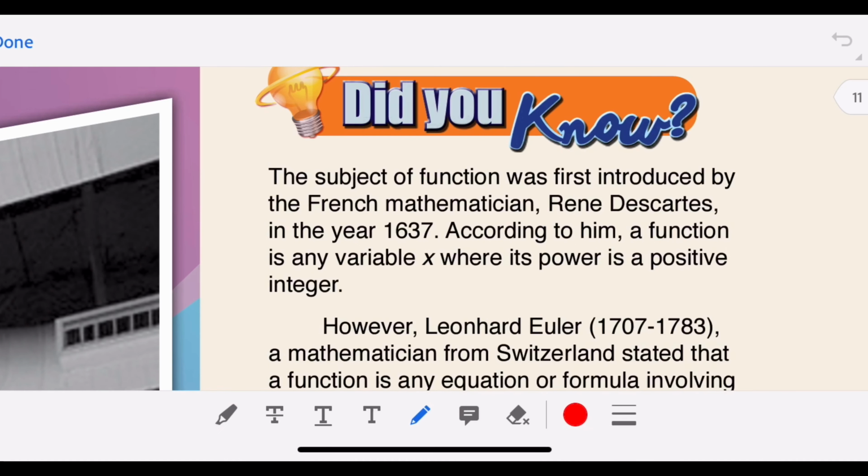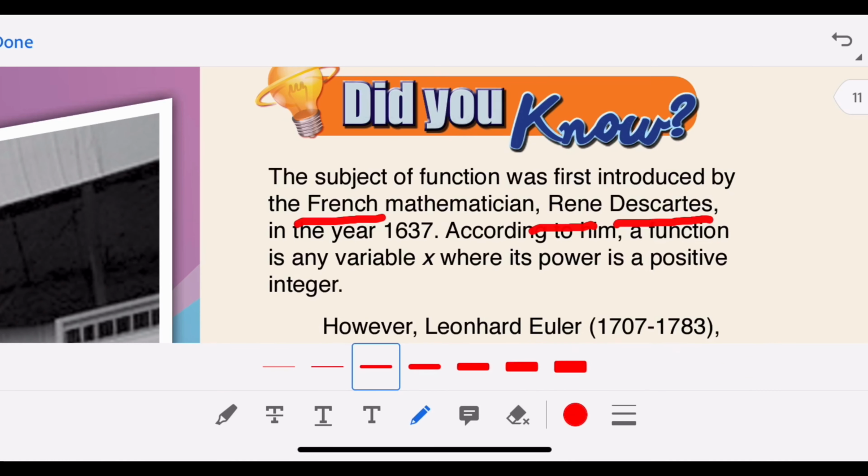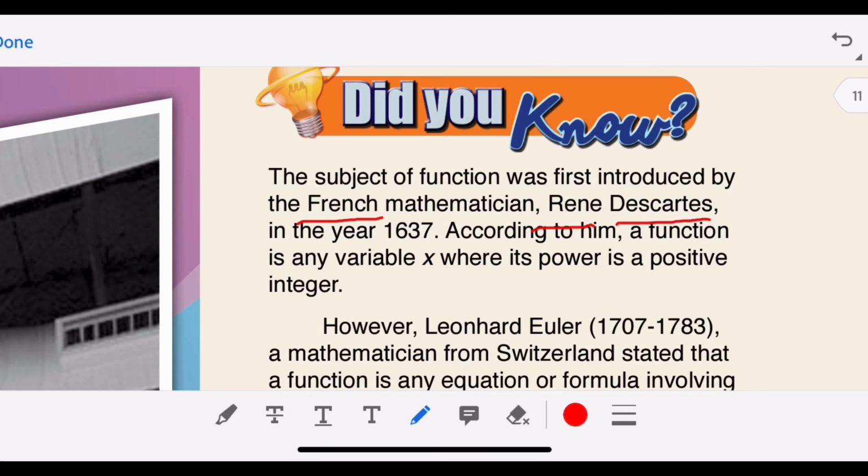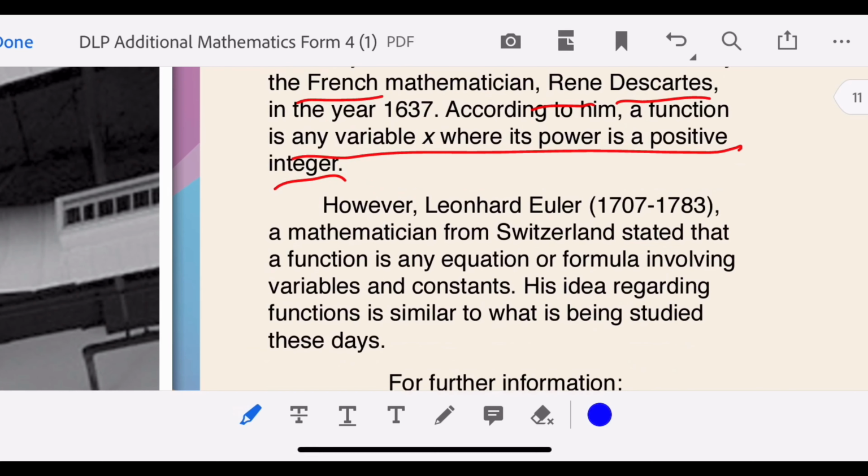In the year 1637, according to him, a function is any variable x where its power is a positive integer. Okay, its power is a positive integer. This is according to René. Any variable x where its power is a positive integer.